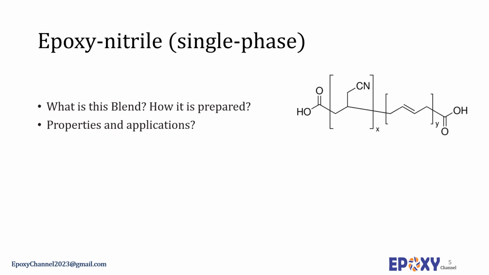The level of acrylonitrile can be varied from 0 to 28%. If a large elastomer concentration is used, no phase separation will occur to form precipitates. The single-phase epoxy nitrile adhesive is made by choosing an epoxy resin and curing agent combination in which the nitrile rubber is soluble. Therefore, after cure, the adhesive is a clear, rubbery, single-phase resin.